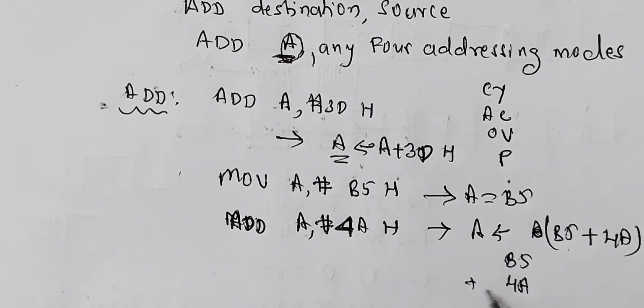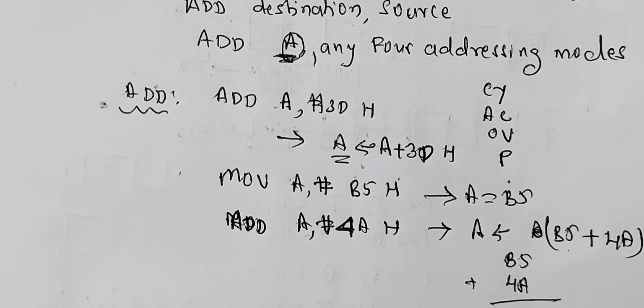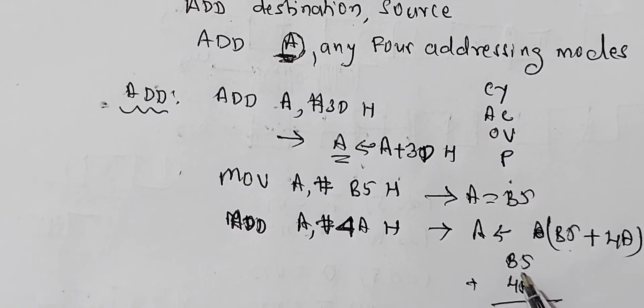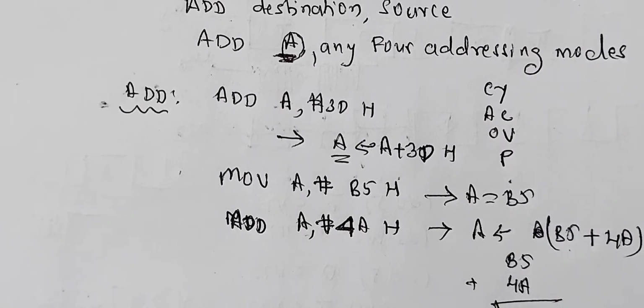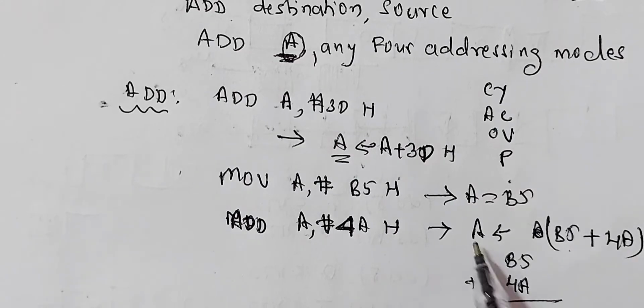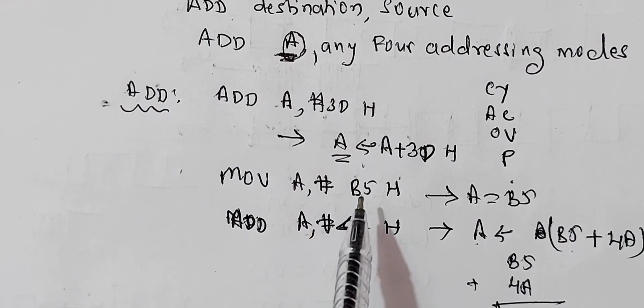When you add these two, 5 plus A is 15, that is F itself, and carry 0. B plus 4 is F with carry 1. Therefore, the result FF is stored in A. This is how we add the content of A with an immediate number.